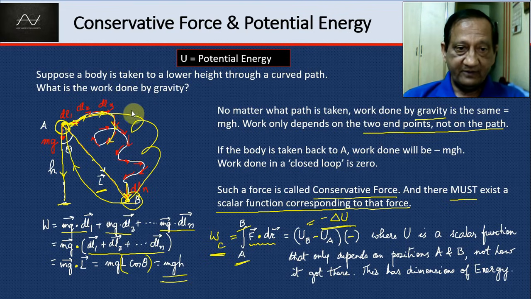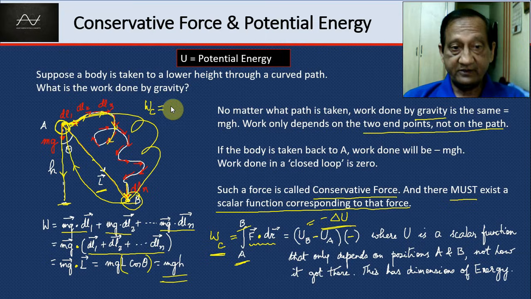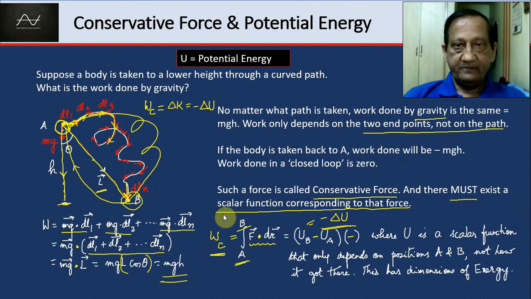Very simple. Work done by a conservative force, by the work energy theorem, is the change in the kinetic energy. And now we are saying it is also equal to the negative of the change in potential energy.